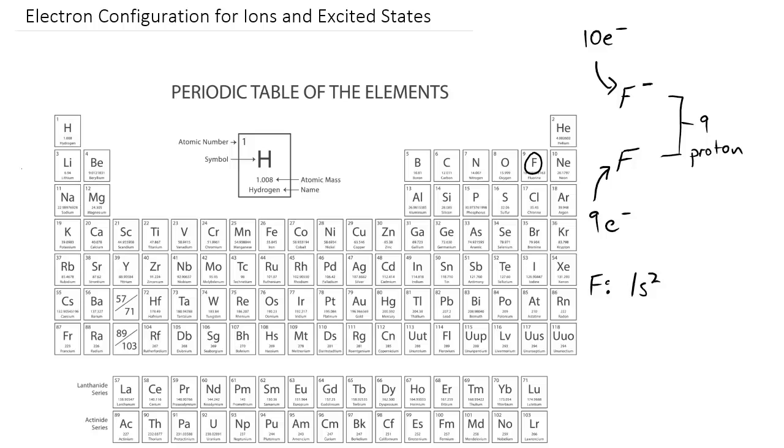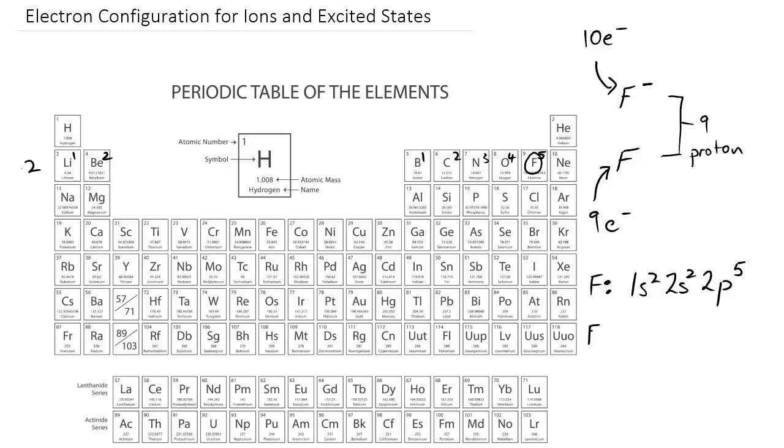Then the second period, so we've got 2s2, again 2 electrons, and then to get up to fluorine we have 1, 2, 3, 4, 5. So the second shell, the p subshell, has 5 electrons. So this is just for neutral fluorine.